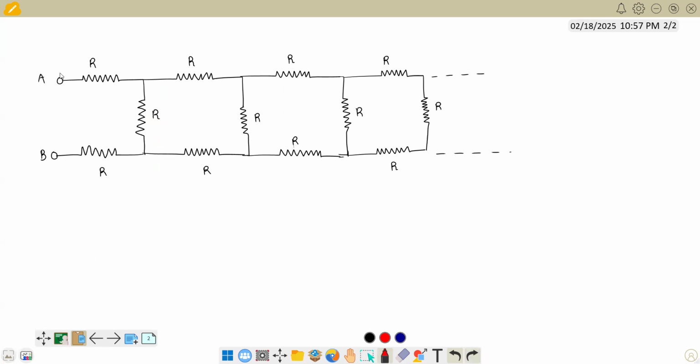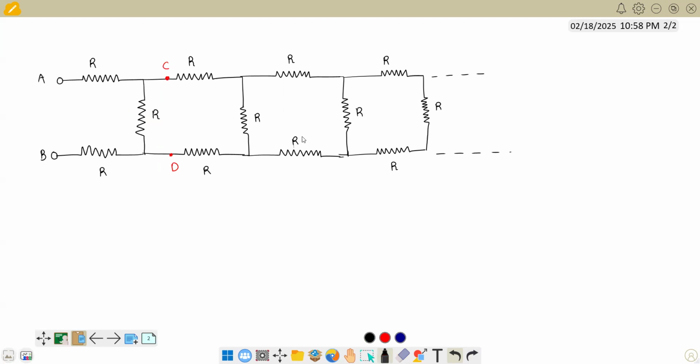Whatever is the effective resistance between A and B, the same effective resistance I can expect across C and D if I remove this left side circuit. I hope you understood this logic. So in an infinite circuit, even if you remove a small section of it, the effective resistance doesn't change. So we will use that logic to solve the problem.